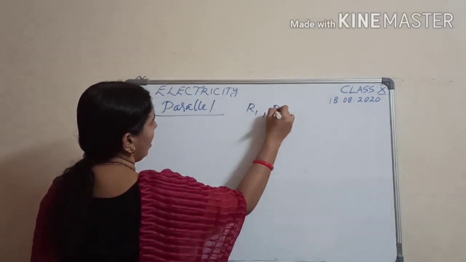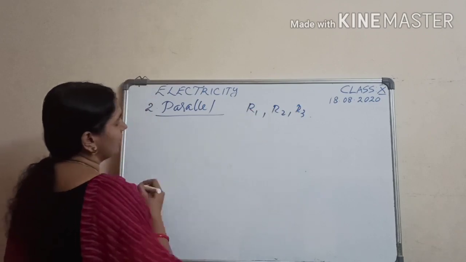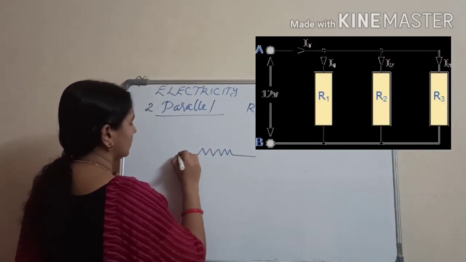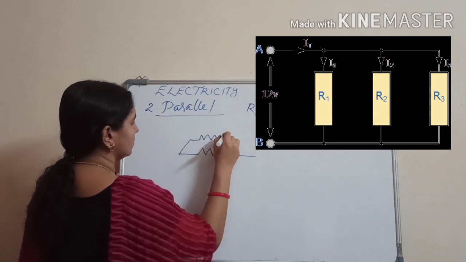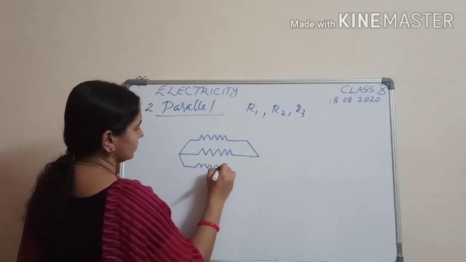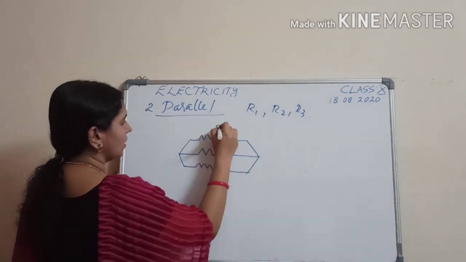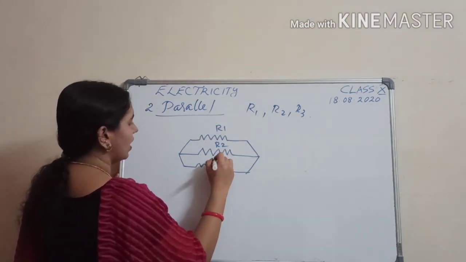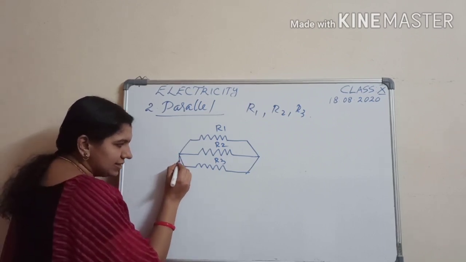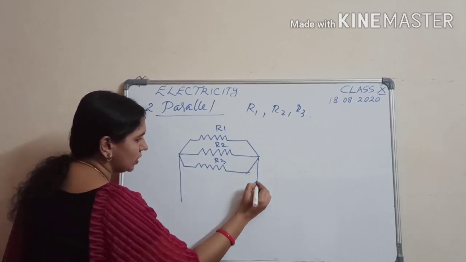My resistances are R1, R2 and R3. Clear? Now I am connecting this particular system to a battery.